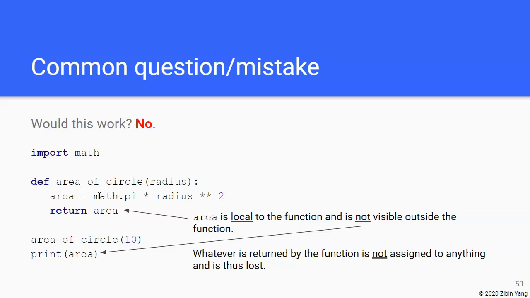It is only visible inside area of circle, the function. But this print statement, when it's referring to the area variable, cannot see the local variable that is inside the area of circle function. So when you run this, it will give us an error because area is not visible or is not defined in this scope.